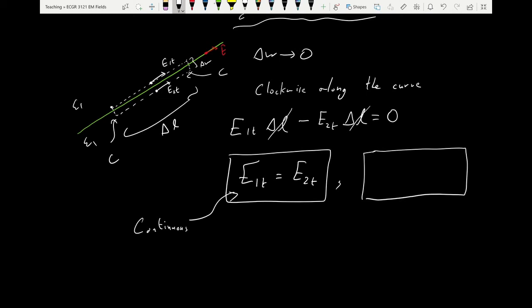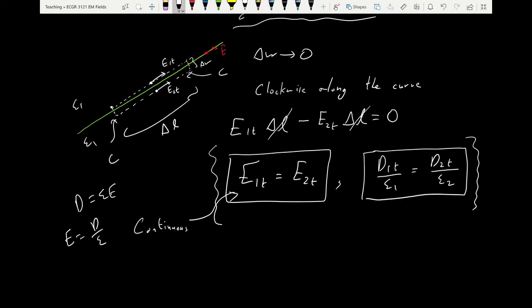Because remember D equals epsilon E, so E equals D over epsilon, but epsilon is different depending on the material. So this means that D1t over epsilon 1 equals D2t over epsilon 2. This is the first interface condition in terms of the tangential components of the electric field.